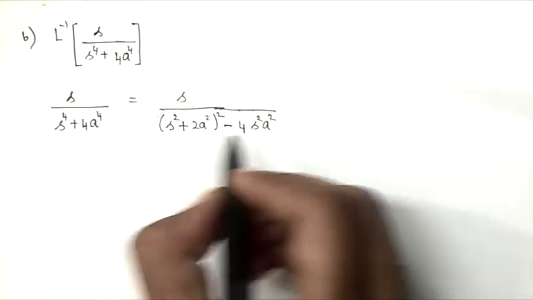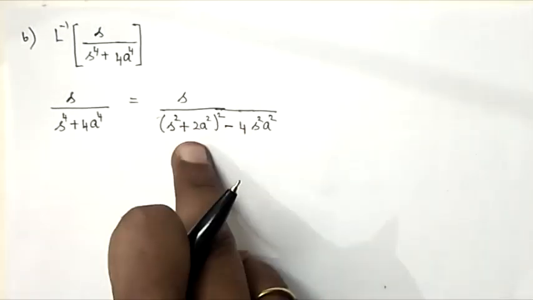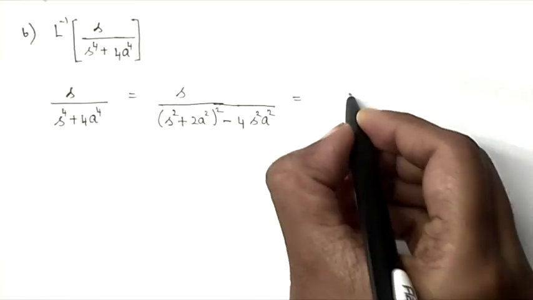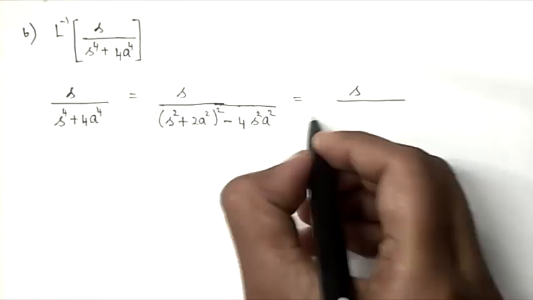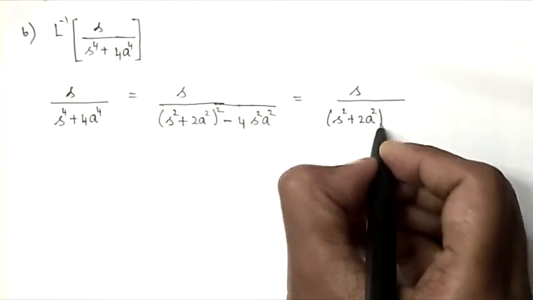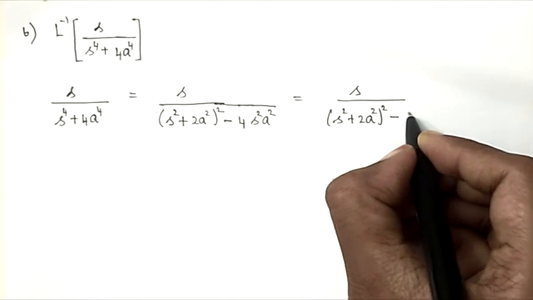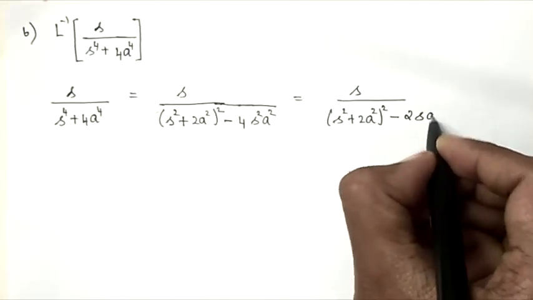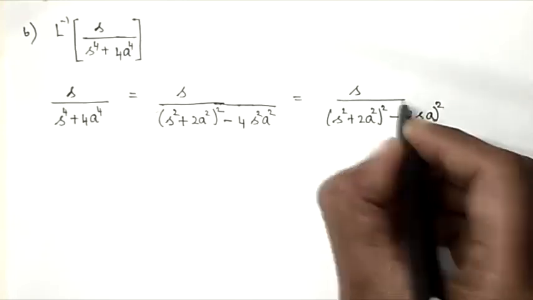And next, I see that this is in the form of a square minus b square. So I can write this as s divided by s square plus 2a square the whole square minus 2as the whole square.